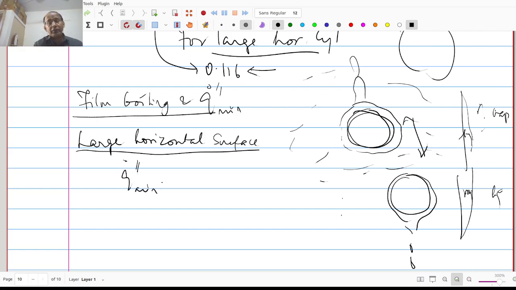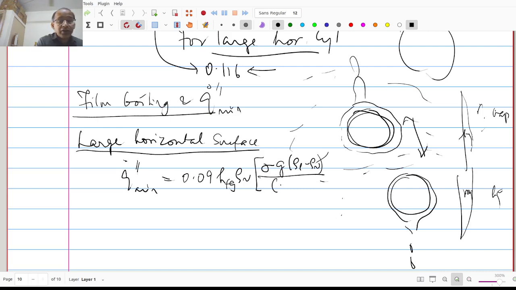We'll come to the prediction of h separately, which will be very similar to these. q_min is equal to 0.09 multiplied by h_fg rho_V into [sigma g (rho_L minus rho_V) divided by (rho_L plus rho_V) the whole squared], the whole thing raised to the power of 1 by 4.